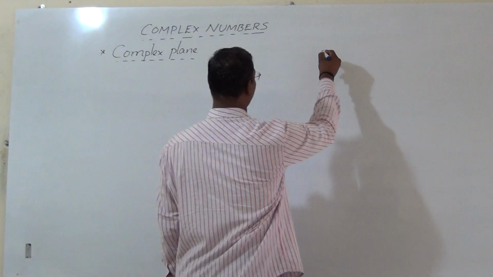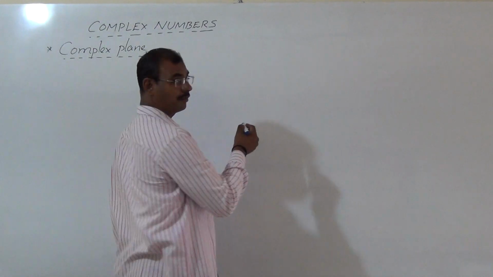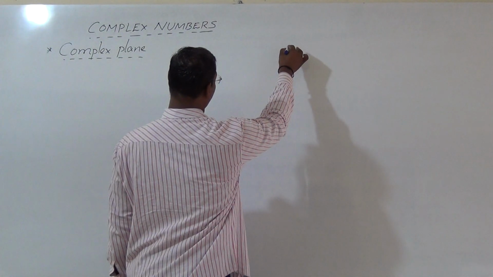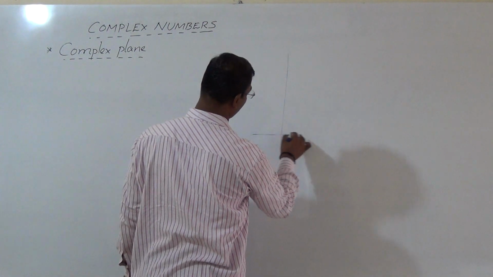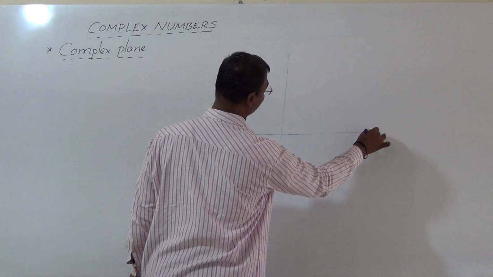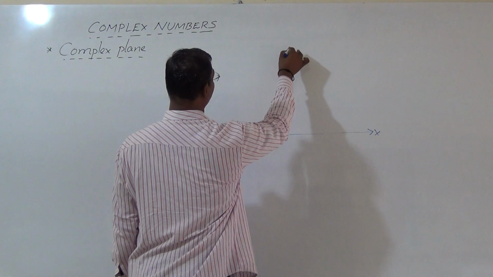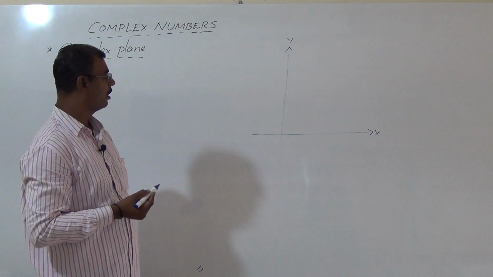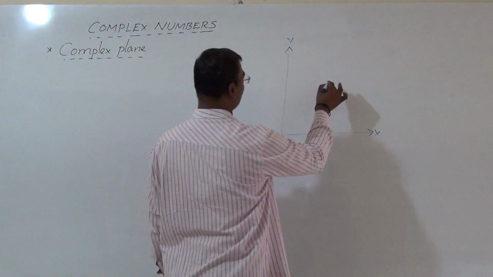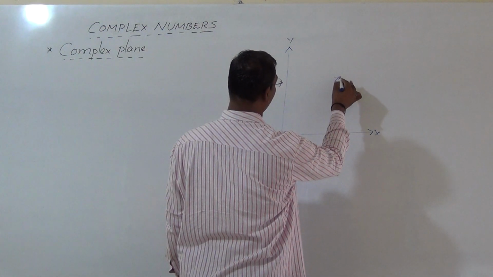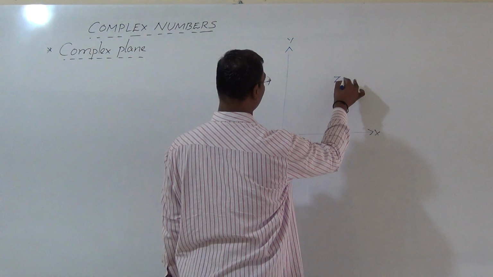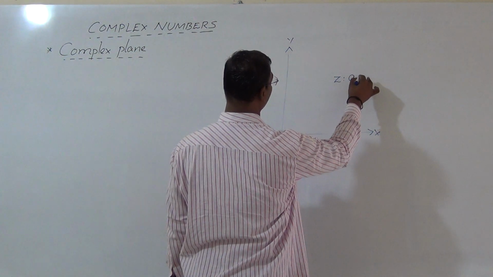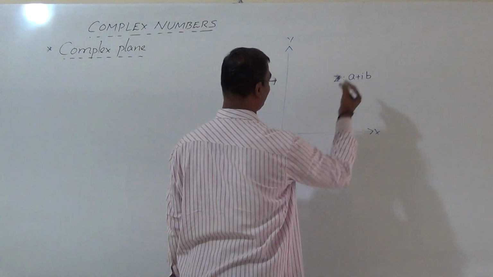To define the complex plane, let us take a coordinate system, x-axis, y-axis, and take the point corresponding to any complex number z equal to a plus iota b.